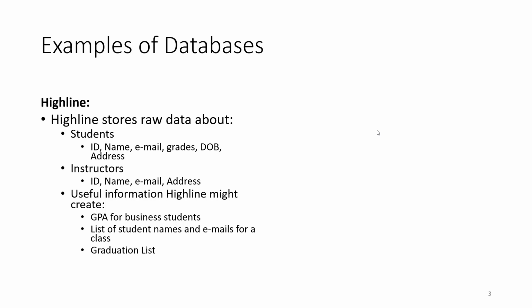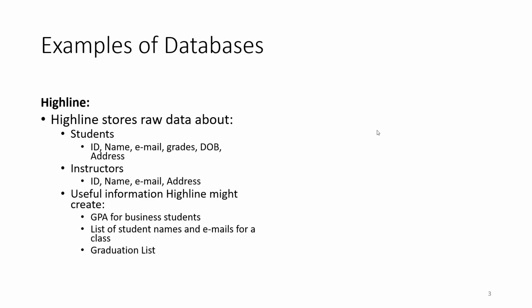And it will use this to create useful information. The useful information that I might create from this data is the GPA for business students or the GPA for students in a particular class. It will also create useful information for the list of students, the names and the emails for a particular class.